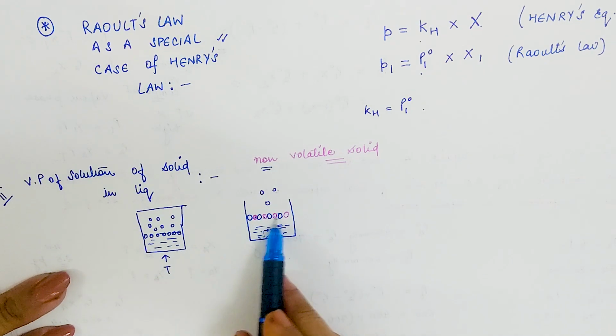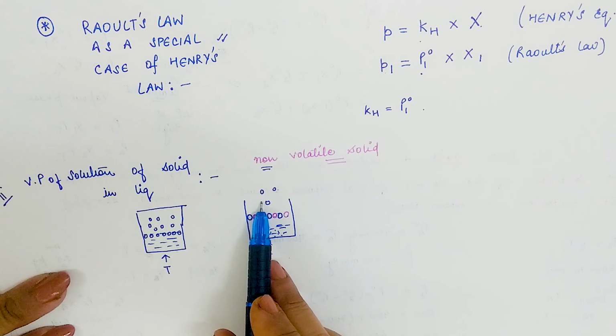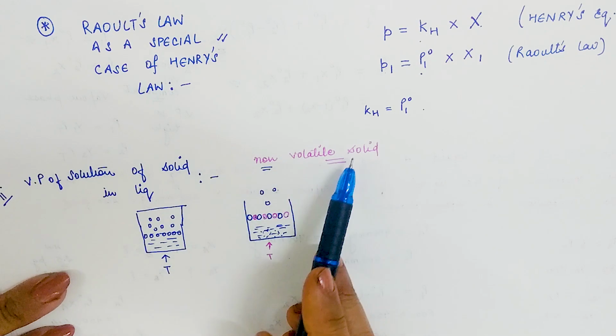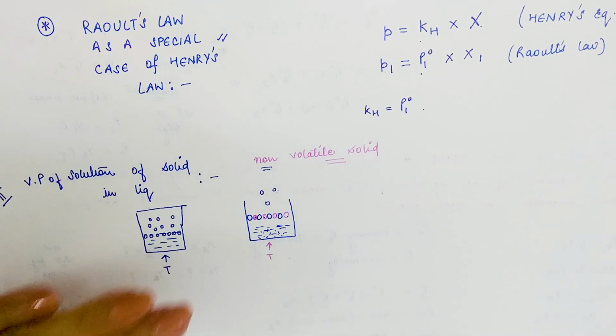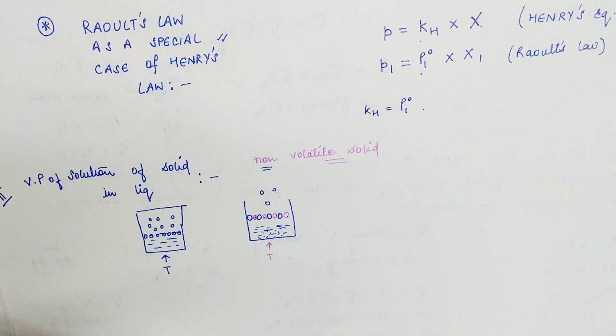Since the solid particles are hindering the path of the liquid, fewer vapors will be formed. So when a non-volatile solute is dissolved in a given liquid, there is a lowering in the vapor pressure. And this lowering depends upon the number of the solute particles, irrespective of its nature.